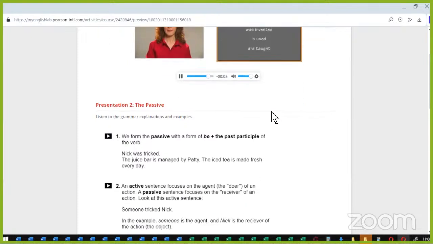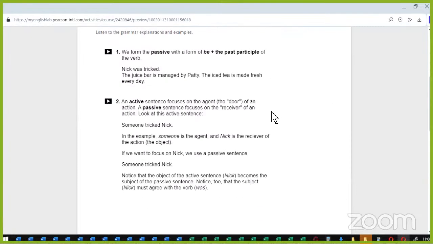Let's take a look at this verb form. Can you please read? We form the passive with a form of be plus the past participle of the verb. Nick was tricked. The juice bar is managed by Perry, and the iced tea is made fresh every day.